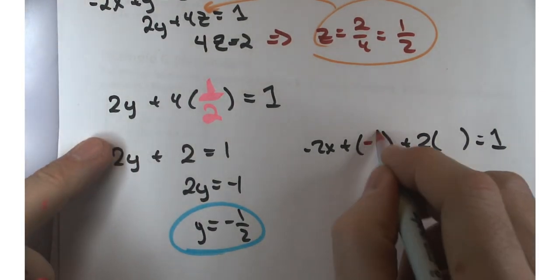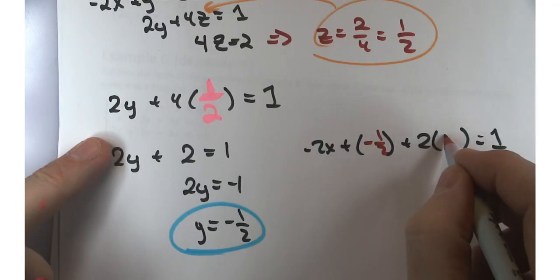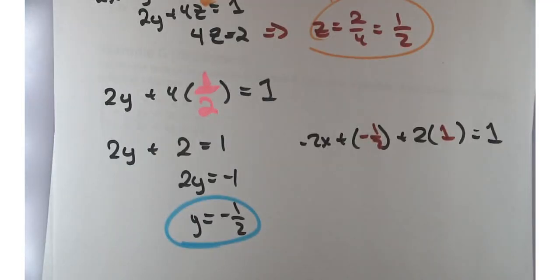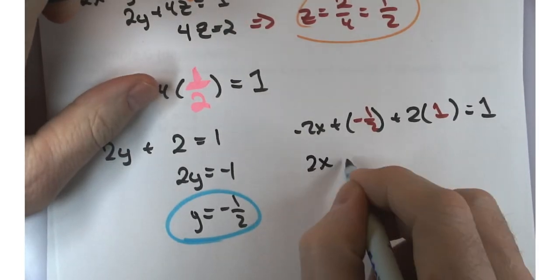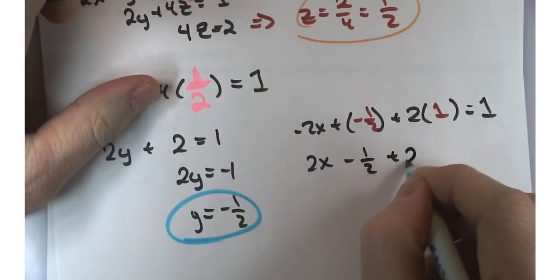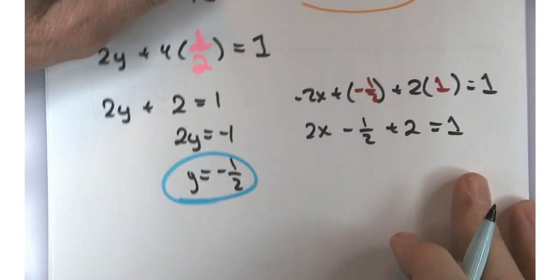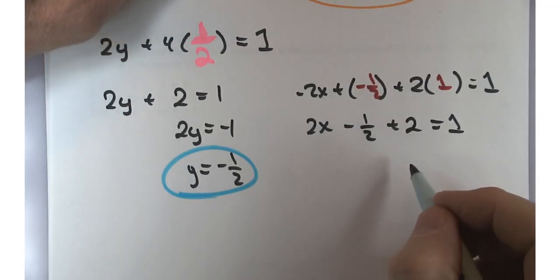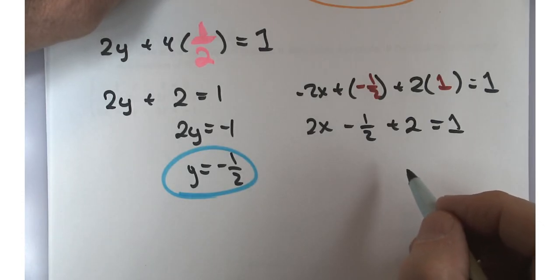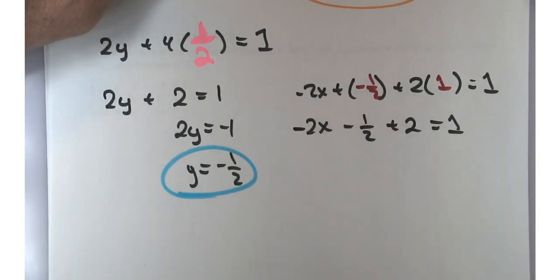So negative 1/2 and 1. So that's going to be 2x minus 1/2 plus 2 equals 1. What was that? Negative 2x. Oh, negative 2x. Thank you.